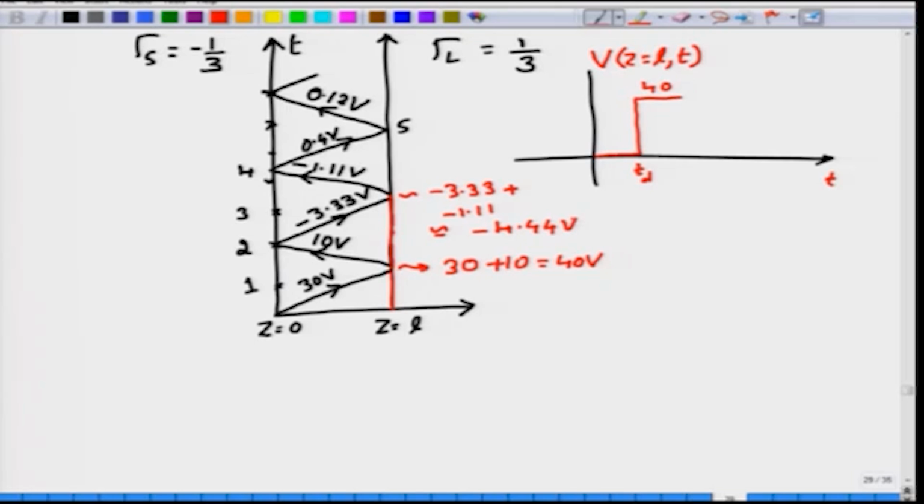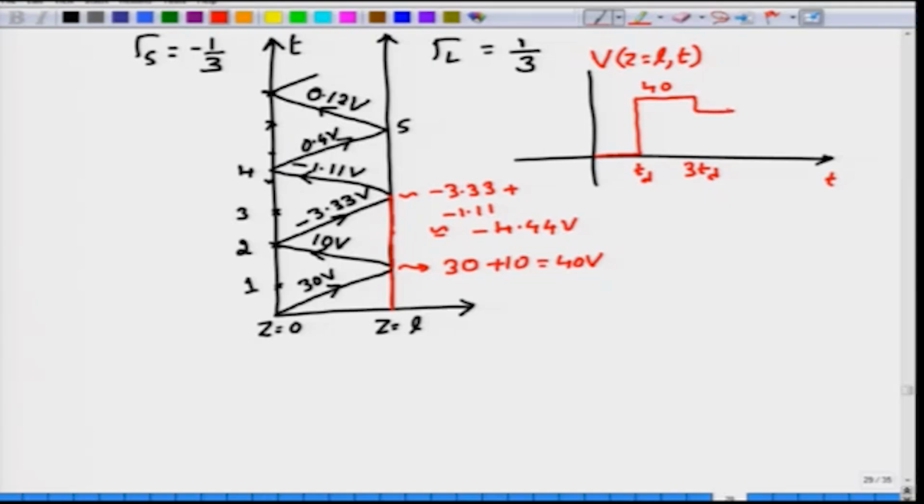Okay. So, of course, when you have reached here, it does not mean that the total voltage will be minus 4.44. The total voltage is always the voltage that you would have seen earlier plus any new partial voltage that would appear. So, there is already 40 volt appearing across the load. At 3 Td, there will be a partial addition of minus 4.44 volt, meaning that this voltage will drop down slightly.